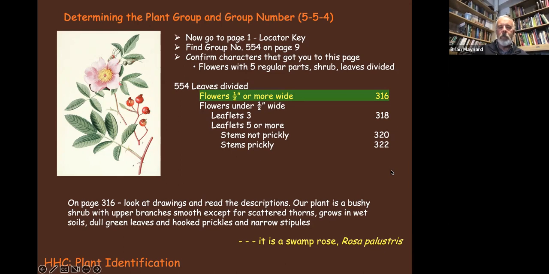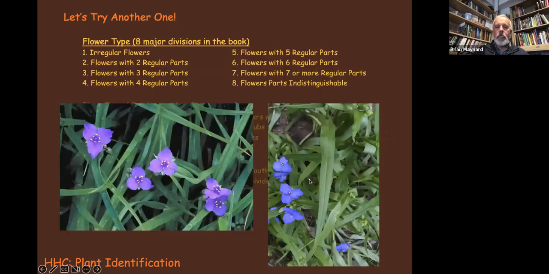So think back about how we got here, what we had to do, and the steps that we took. And let's try another one. So this plant is a common late summer perennial that is often found in moist soils.